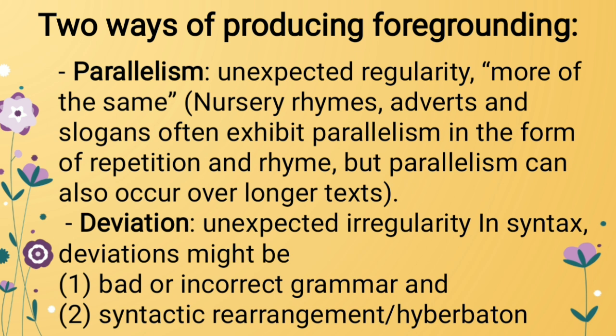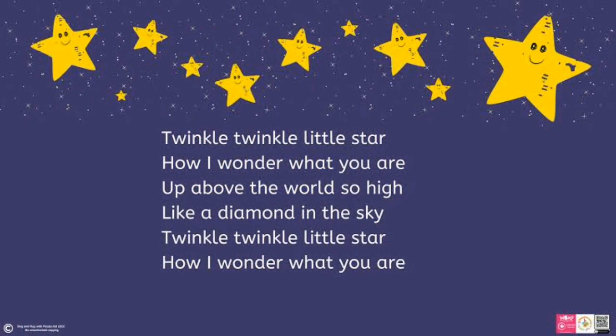For instance, here are some examples of the use of parallelism. Nursery rhymes, adverts, and slogans often exhibit parallelism in the form of repetition and rhyme, but parallelism can also occur over longer texts. For example, there is parallelism in a nursery rhyme.